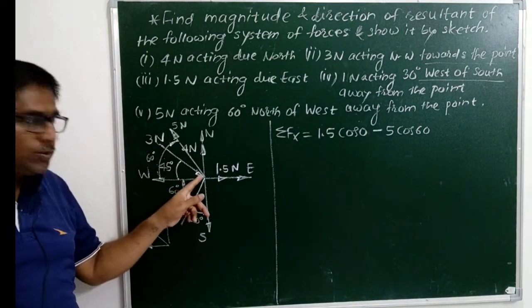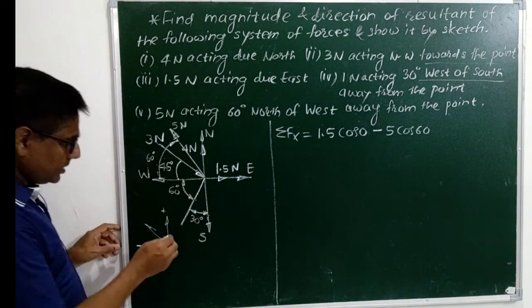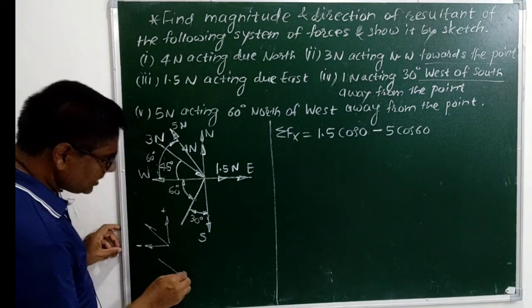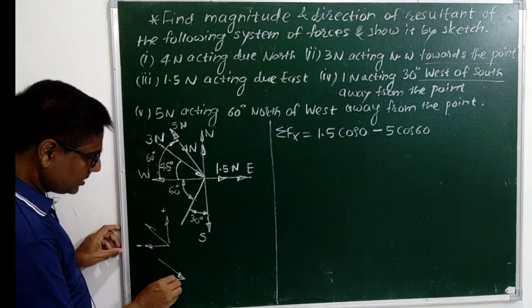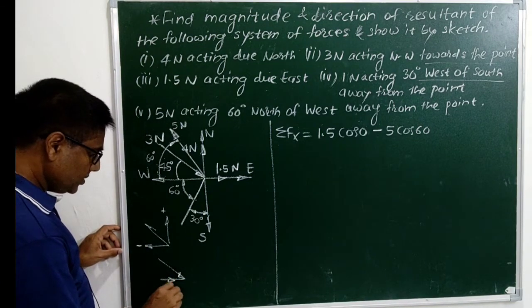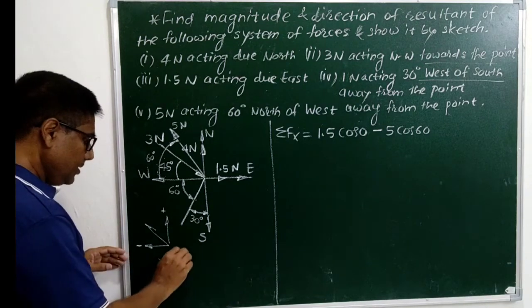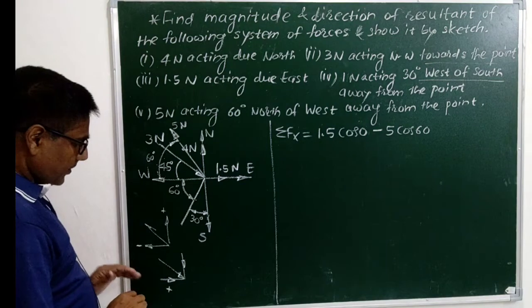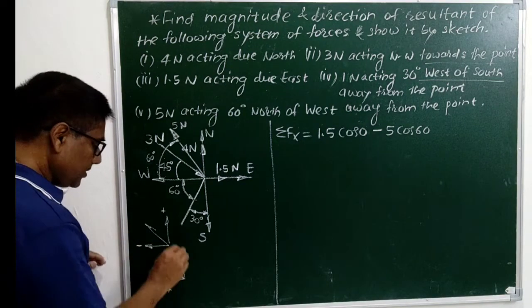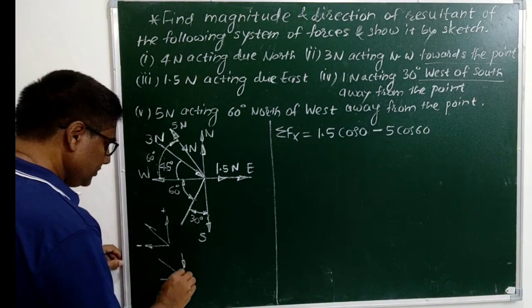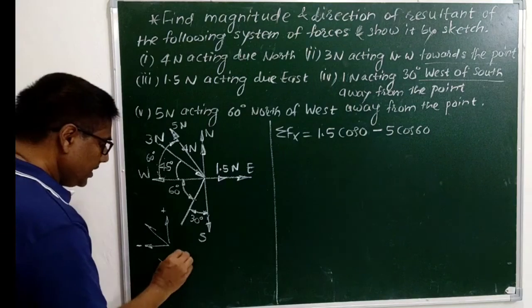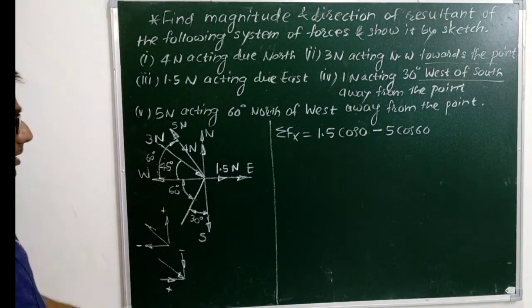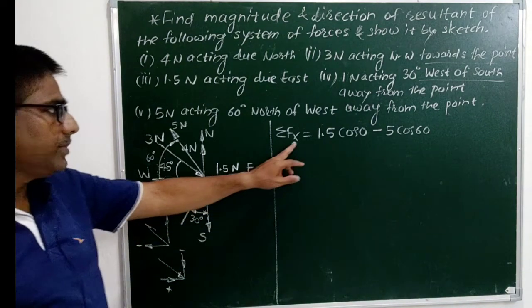Now let's move to third force. It is push type of force. As it is push type of force and it is in second quadrant, its horizontal component will be positive as it is acting towards right, and vertical component it is negative as it is acting downwards. Okay, now we are finding sigma Fx.